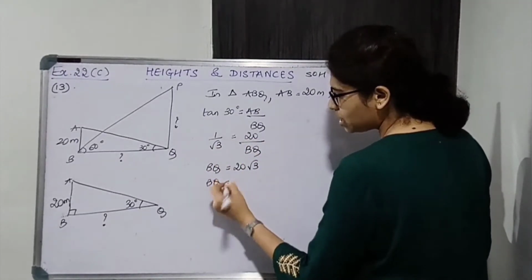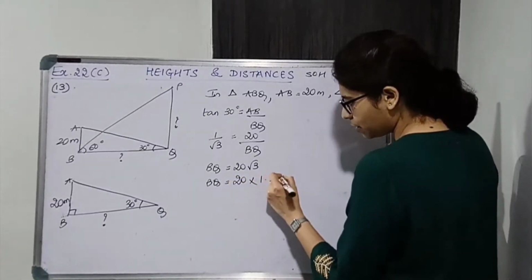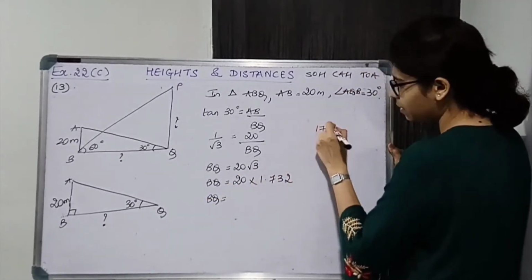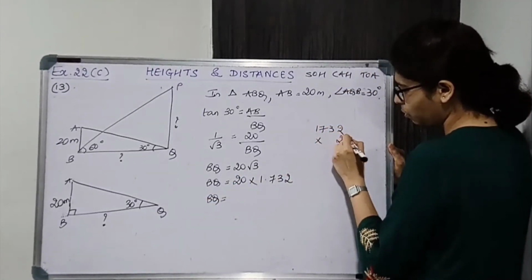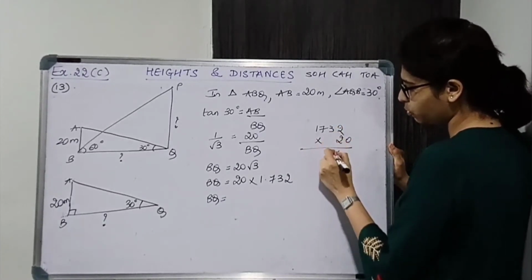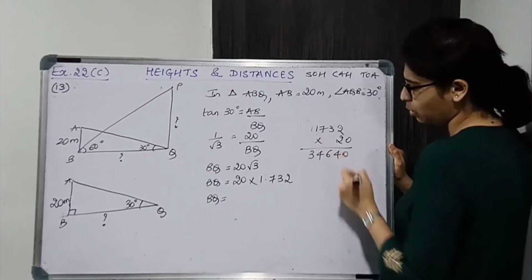So we get BQ is equal to 20 into root 3, which is 1.732. So just multiply 1732 into 20. First let's multiply by 2. 2 2s are 4, 2 3s are 6, 2 7s are 14, 2 1s are 2 plus 1 is 3, and 0.